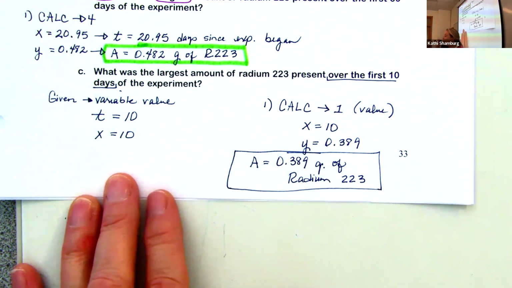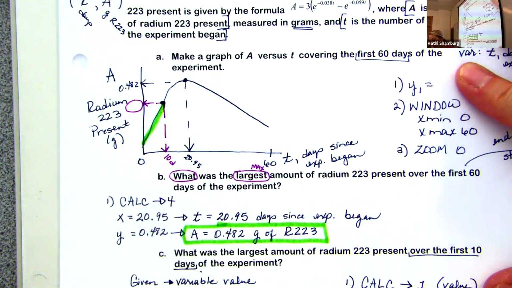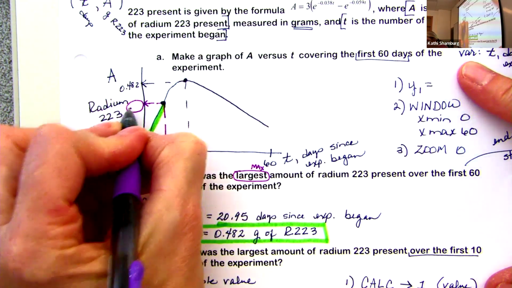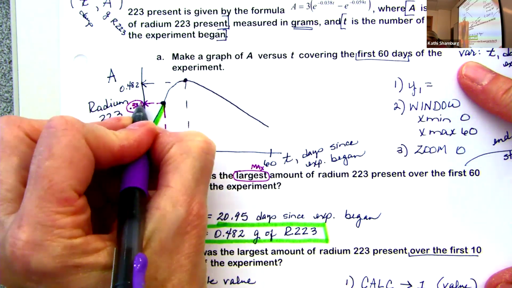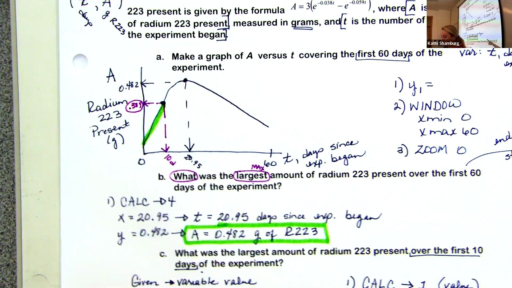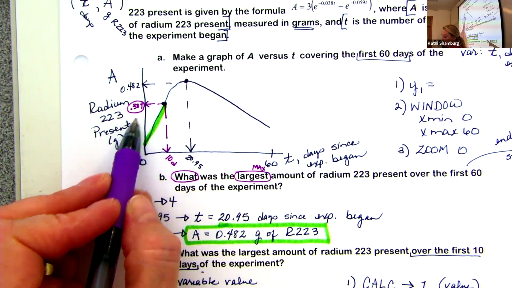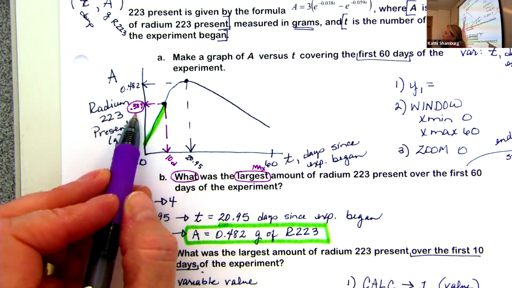I am going to go back to my graph and make sure it makes sense. So I'm going to come up here because what we have found is that this is 0.389. In relationship to the 0.482, if this would have been 38.9, would that have made sense?